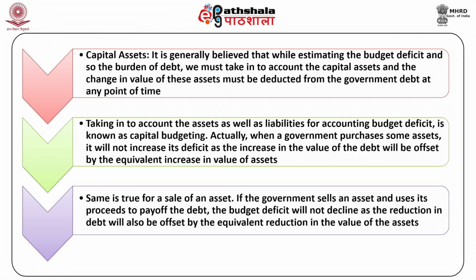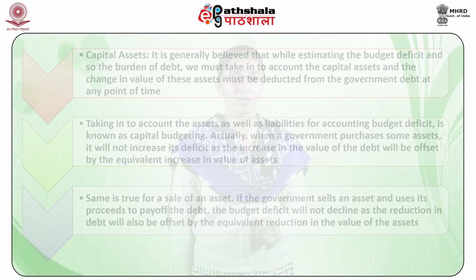Actually, when a government purchases some assets, it will not increase its deficit, as the increase in the value of debt will be offset by the equivalent increase in value of assets. Same is true for a sale of an asset. If the government sells an asset and uses its proceeds to pay off the debt, the budget deficit will not decline, as the reduction in debt will also be offset by the equivalent reduction in value of the assets.